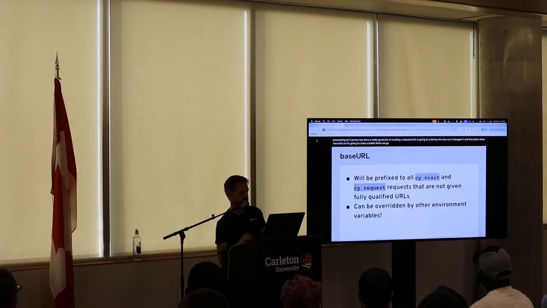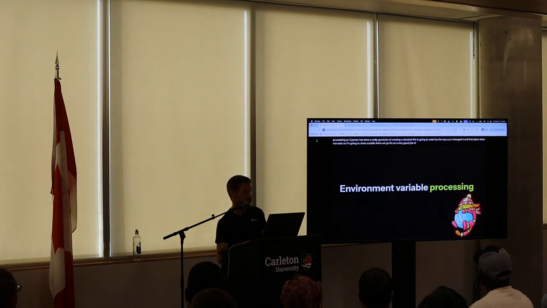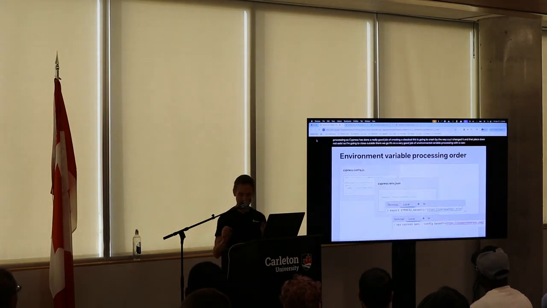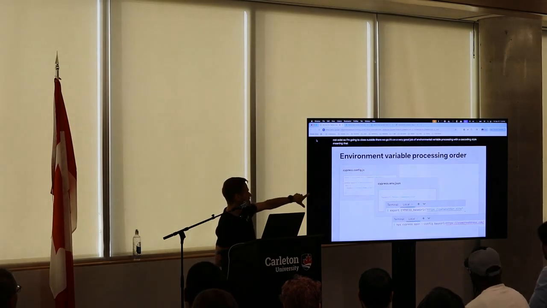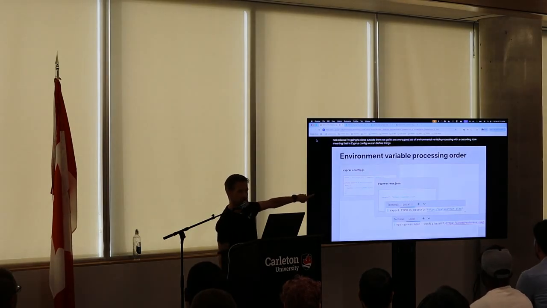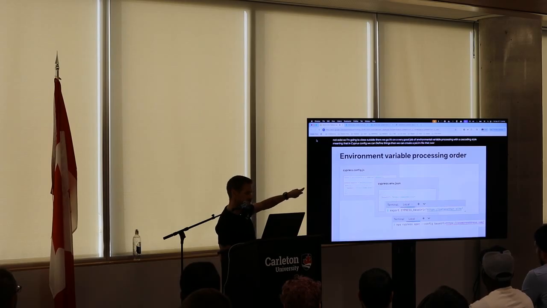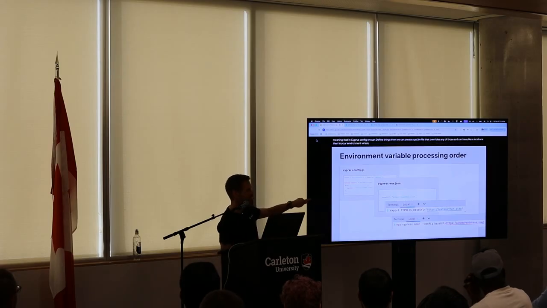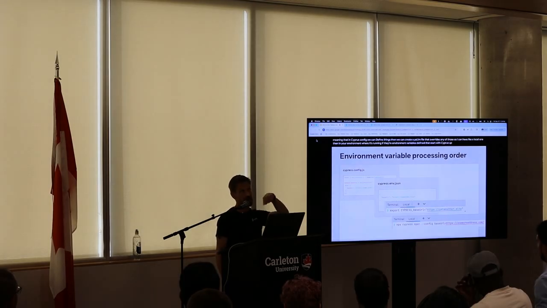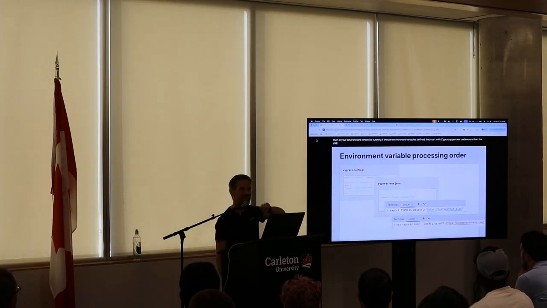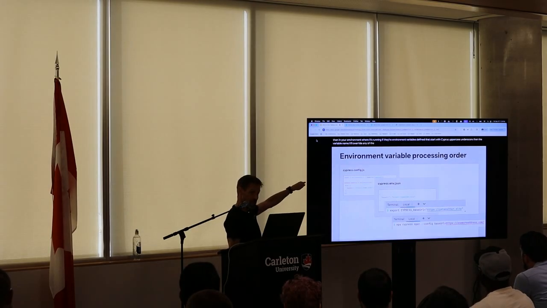They've done a very good job of environmental variable processing with a cascading style, meaning that in the Cypress config, we can define things. Then we can create a cypress.env file that overrides any of those. So I could have a local one. Then in your environment where it's running, if there are environment variables defined that start with CYPRESS_ uppercase and then the variable name, it'll override any of the other two.